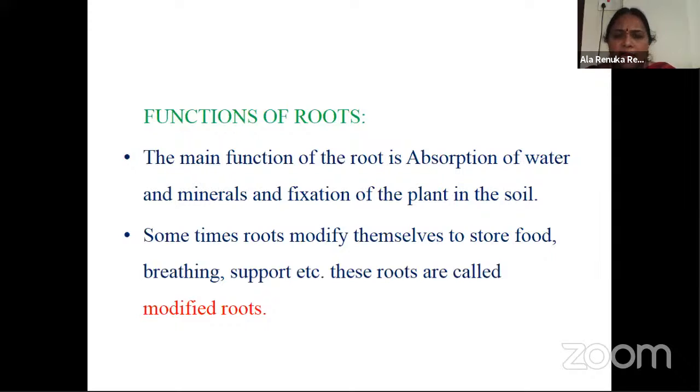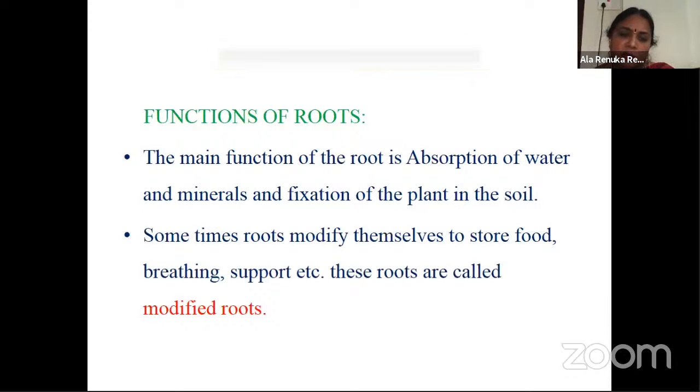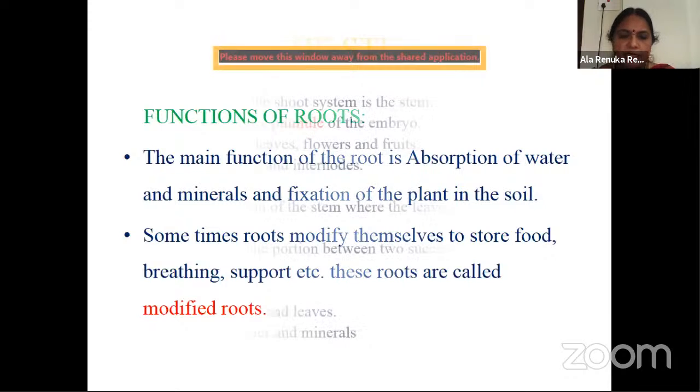Likewise, there are many such roots which develop for photosynthesis, for respiration, etc. All these are called modified roots if they perform functions other than absorption and fixation. They get modified to store food, for breathing, for support, for respiration, etc.